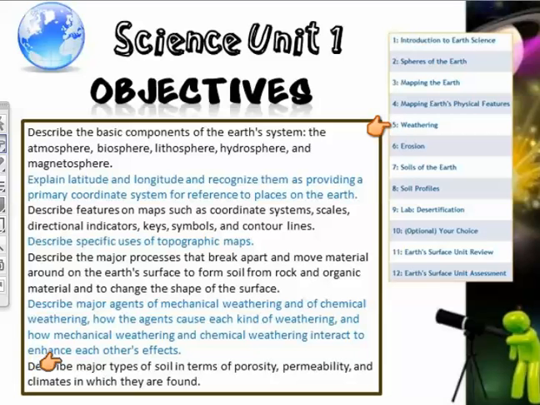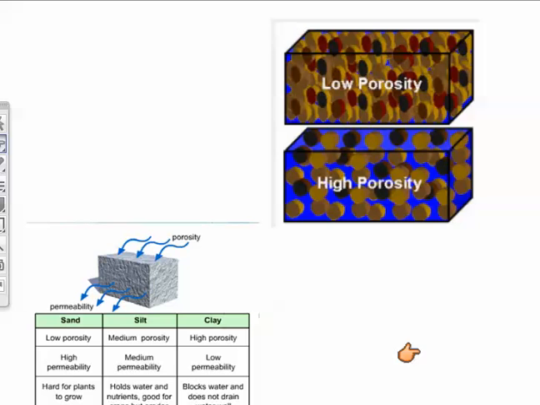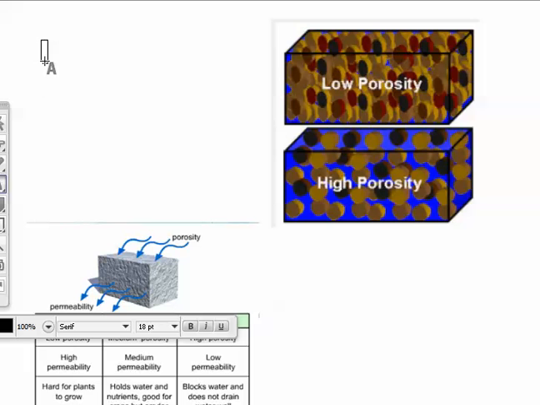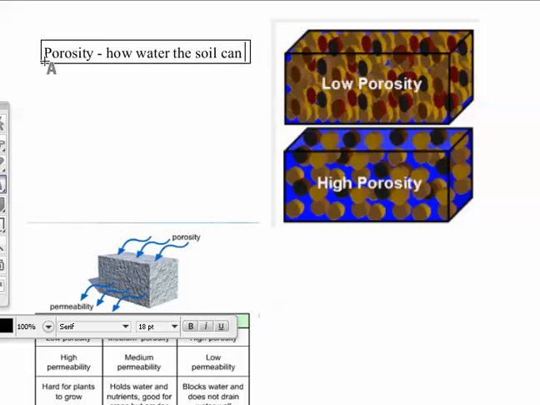And then the last thing is in the soils of the earth, make sure that you know about porosity and permeability. Those are really easy to get mixed up, so make sure in your notes that you have what each of those are. So for instance, porosity is how much water the soil can hold.